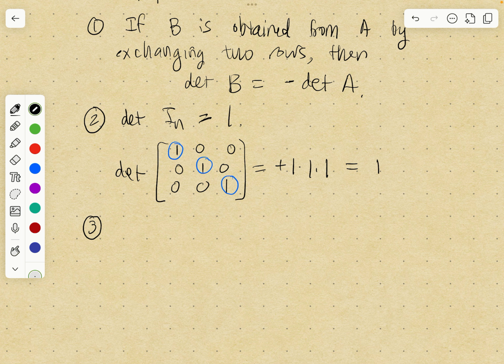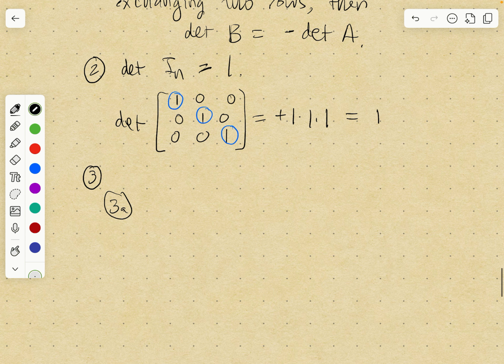And then the most important one is, well, this can be broken down into like 3A and 3B. So 3A is if B is obtained from A by replacing a row by a scalar multiple of a row.